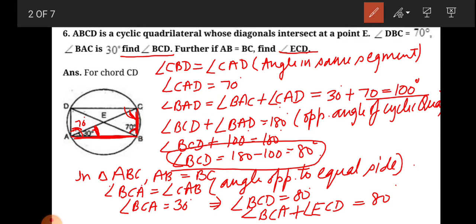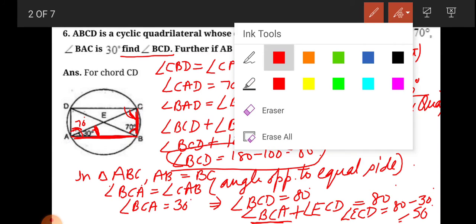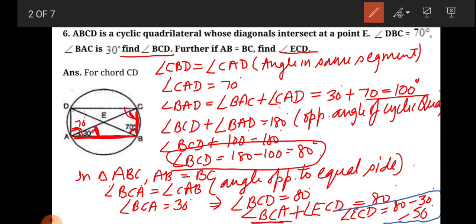So if the value of angle BCA is 30 degrees, angle ECD is equal to 80 minus 30, which is 50 degrees. So the value of angle ECD is 50 degrees and the value of angle BCD is 80 degrees.